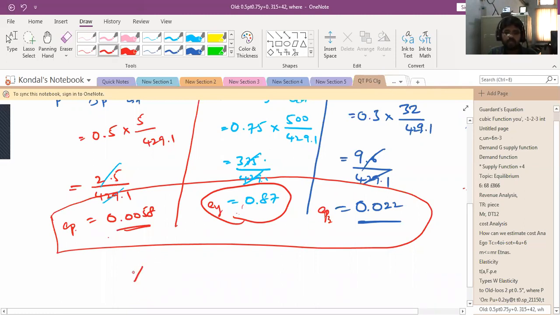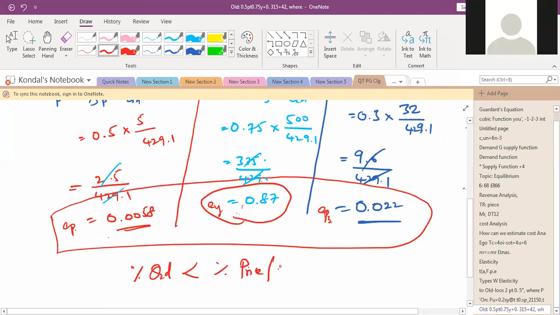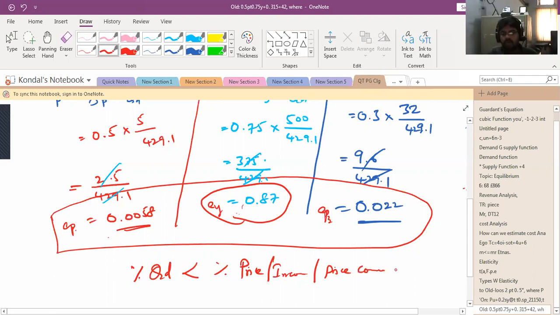Here the percentage change in quantity demanded is less than the percentage change in price, income, and price of complementary and substitute goods.